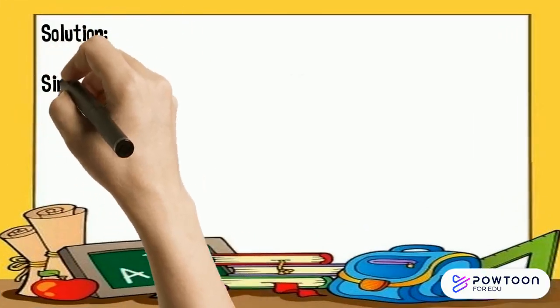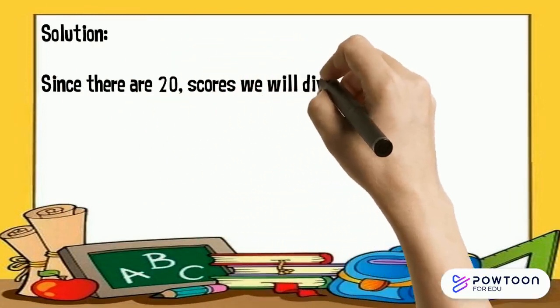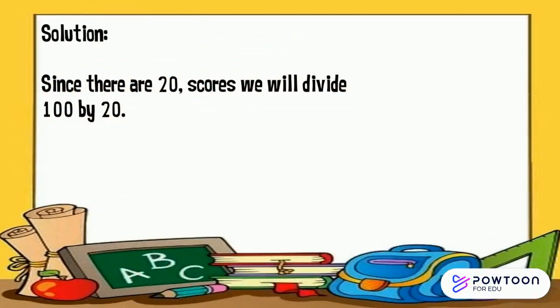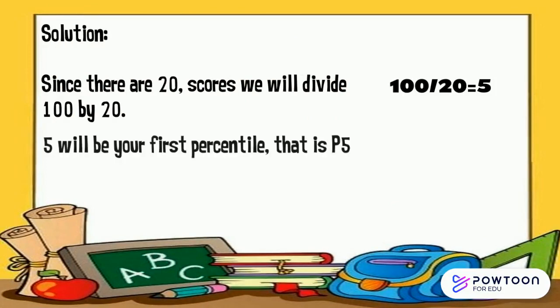Since there are 20 scores, we will divide 100 by 20. 100 divided by 20 is equal to 5. 5 will be your first percentile, that is P5.